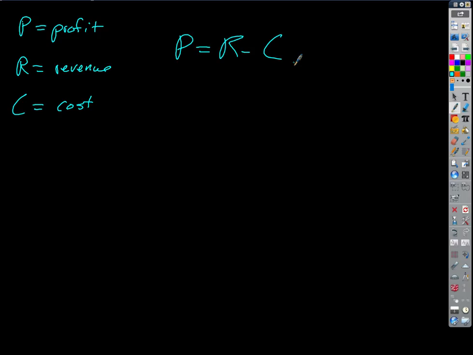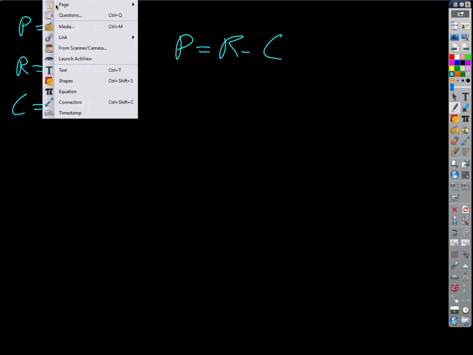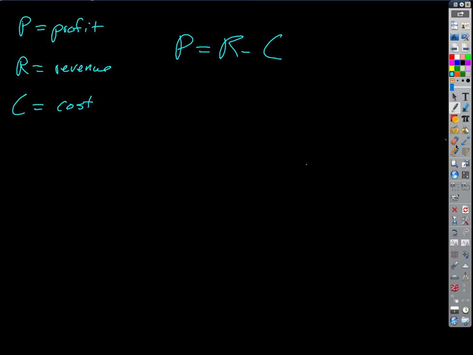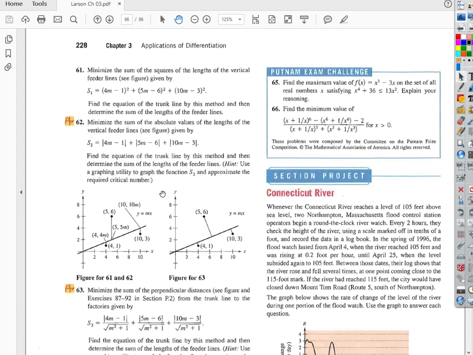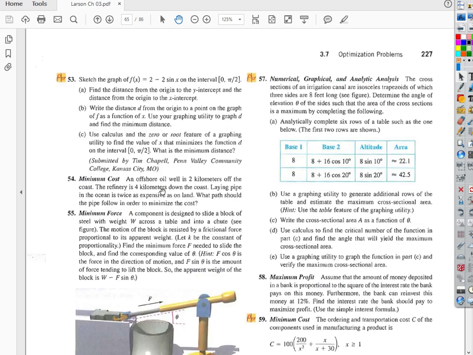So here, let me pull up a sample problem for this. Yeah, this is a good one. I like this one. I can't remember if there's one like this. Actually, let's do it here. There's the popcorn.